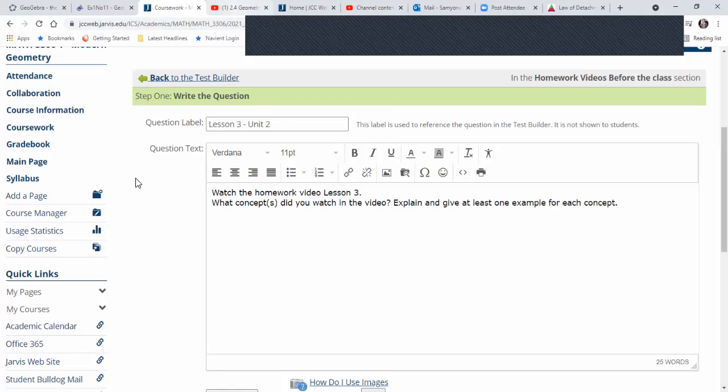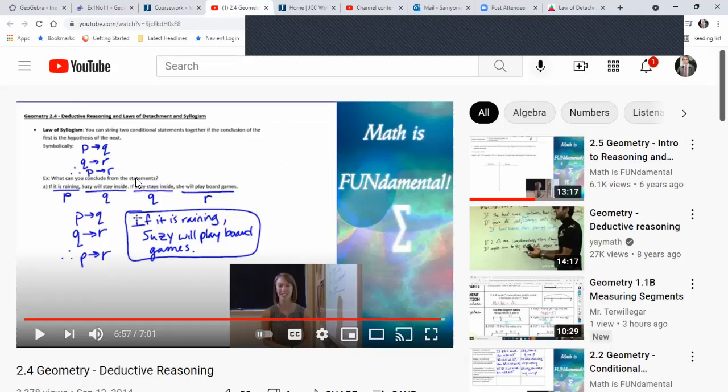So the last one is talking about the law of syllogism. Yeah, law of detachment and law of syllogism. So you have to explain this law of syllogism, and this is the example.